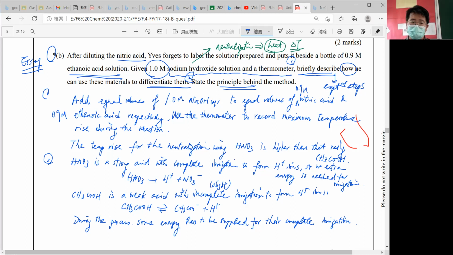Okay, come on, fine. So we are going to make a comparison. Therefore, the temperature rise for nitric acid and NaOH is higher than that for ethanoic acid and NaOH.